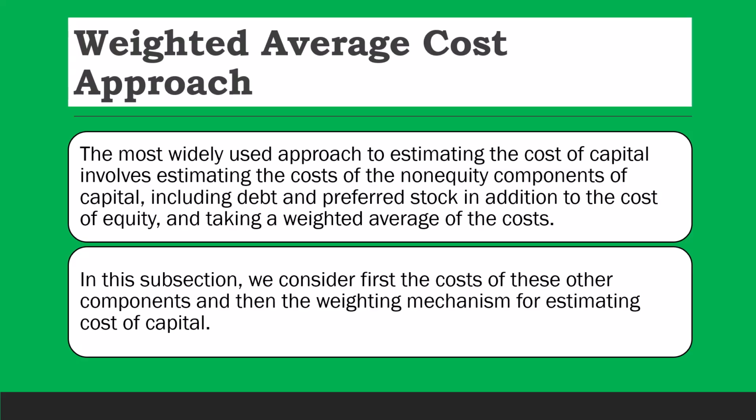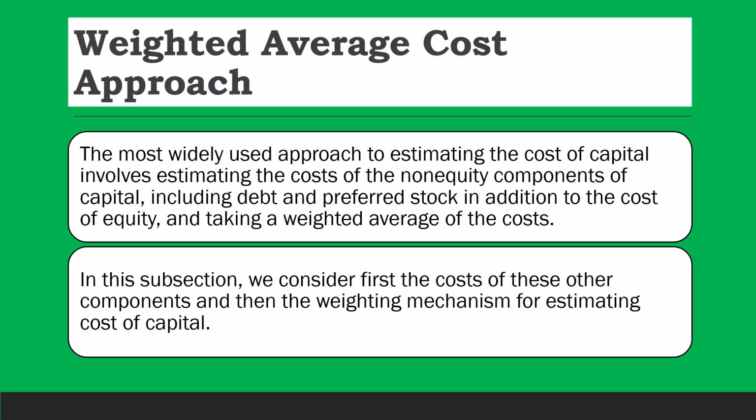The most widely used approach to estimating the cost of capital involves estimating the cost of non-equity components like debt, including debt and preferred stock. A company can have a loan from the bank, or it can even issue preference shares instead of equity shares, in addition to the cost of equity, and then take a weighted average of the costs.